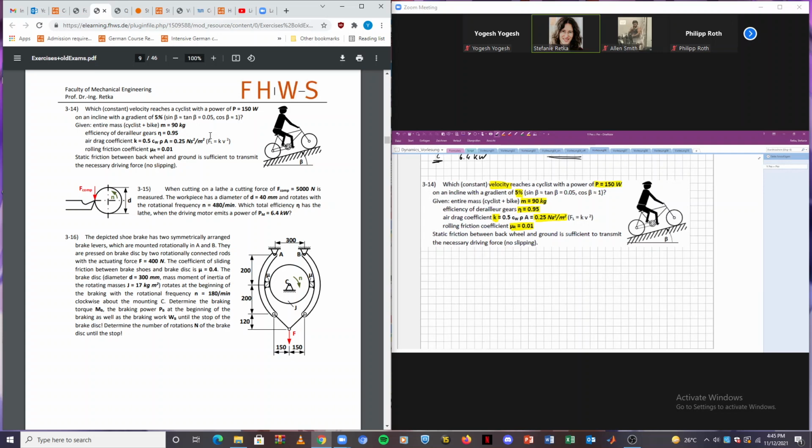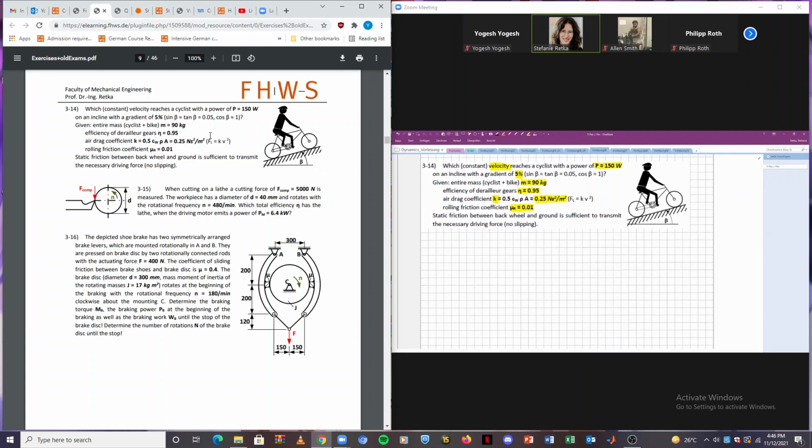Okay, how do we have to approach this kind of problem? First of all, we will draw a free body diagram, including the loads of the system. So assume this incline. Then we have this bike.